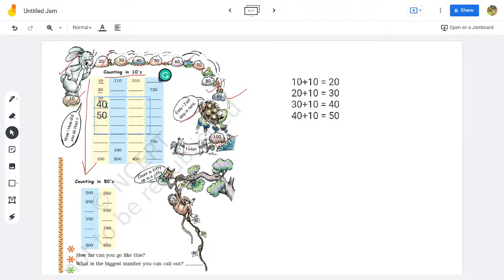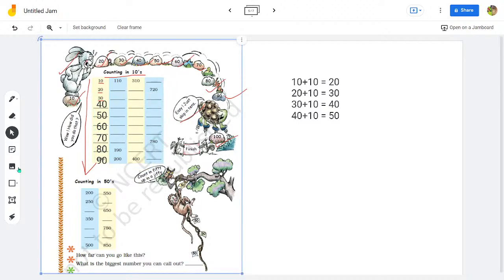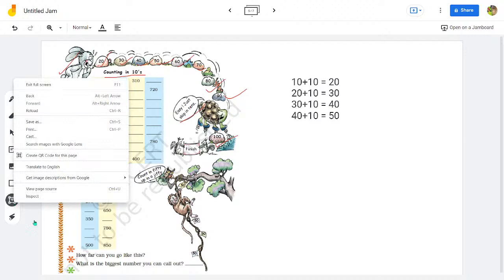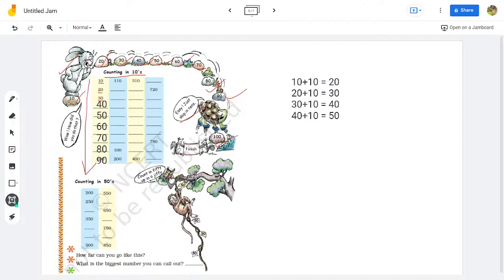Then 60, 70, 80, 90, and at last we have 100. In the same way, let's try the next one. We have 110. So the next one would be 120.